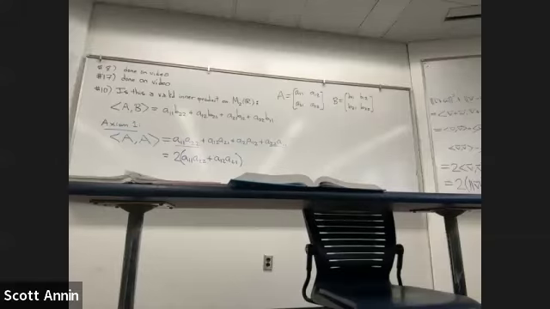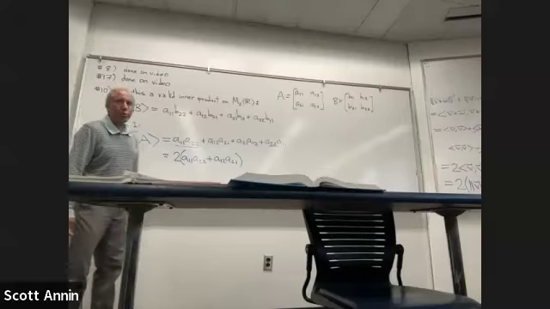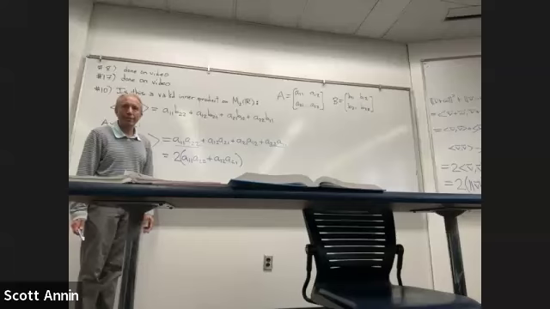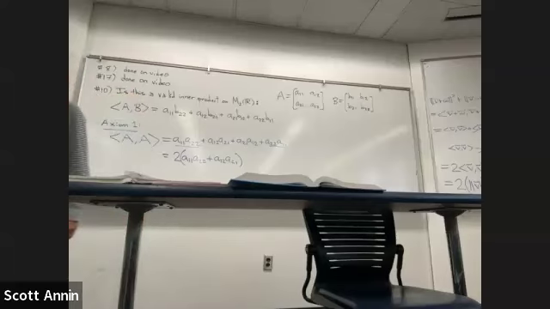Now, my question is, do you think that this has to be always positive? Or would it be possible to make a matrix where that would come out negative? Adrian? If we made a bunch of negative numbers?